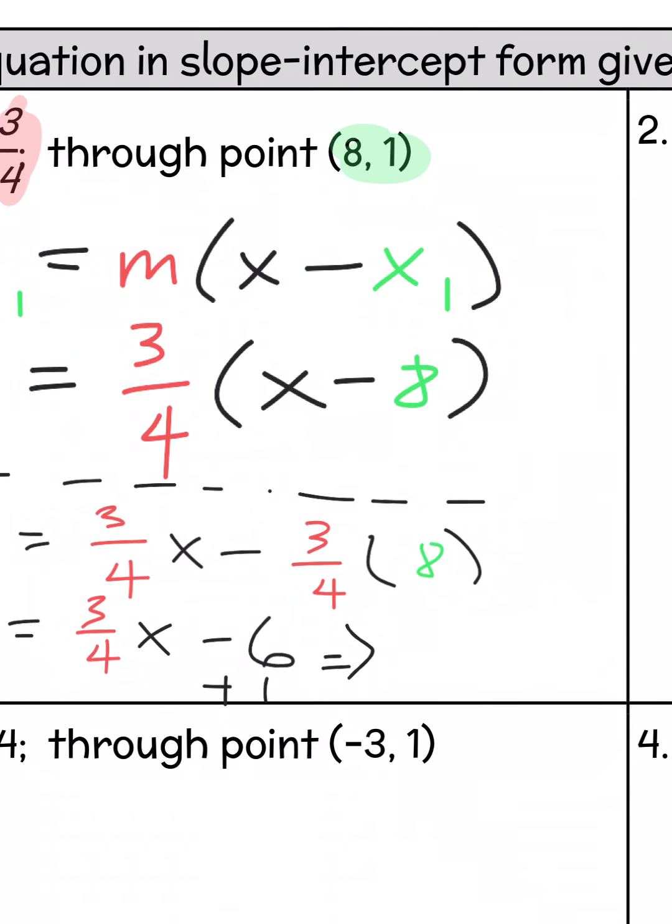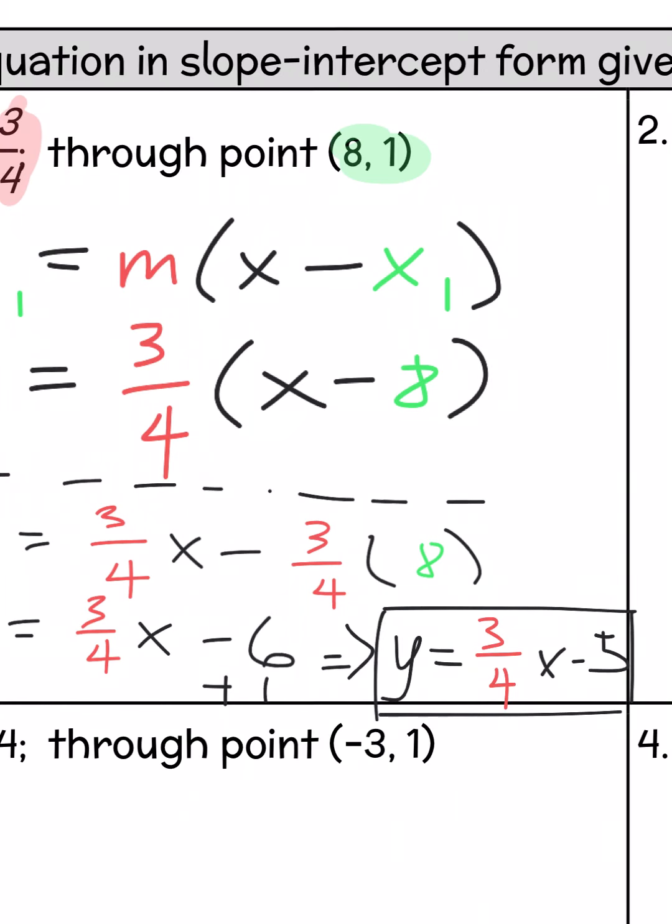So in the end, I will have y equal to 3/4 x minus 5. And that's my slope-intercept form. Okay? So I'm going to call this guy slope-intercept for short, SI, slope-intercept form.